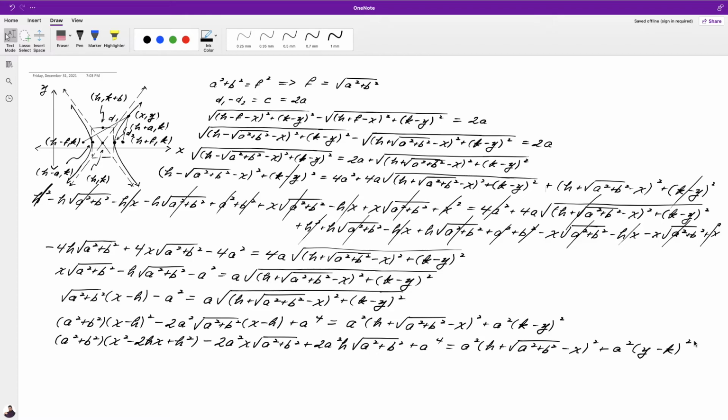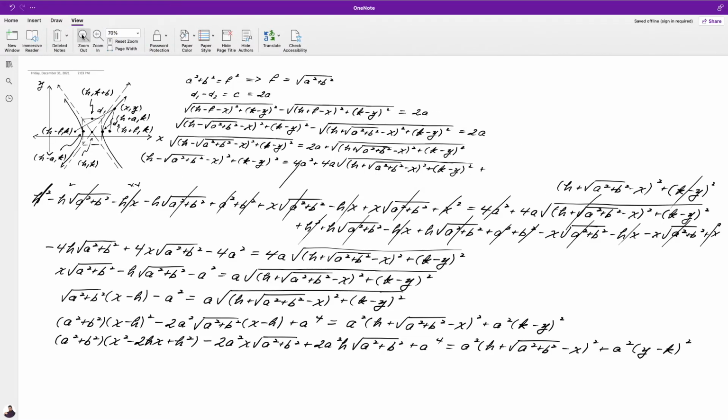Make sure we've committed no errors. We don't want errors anywhere. Looking good. Left-hand side looks good. Right-hand side looks good. Okay, let's now expand both sides and then cancel out.